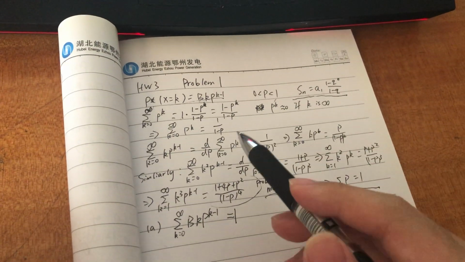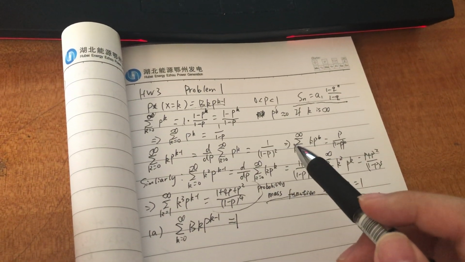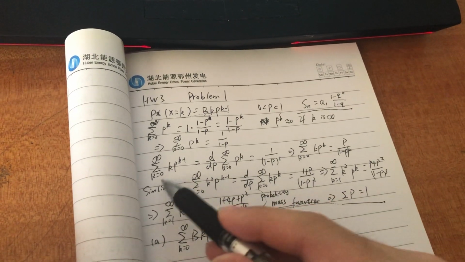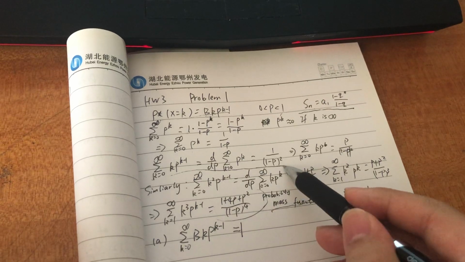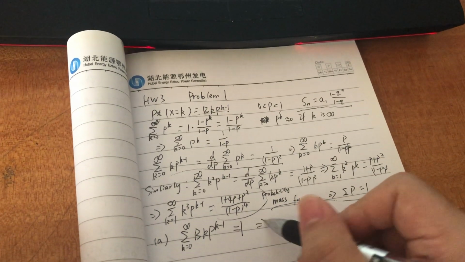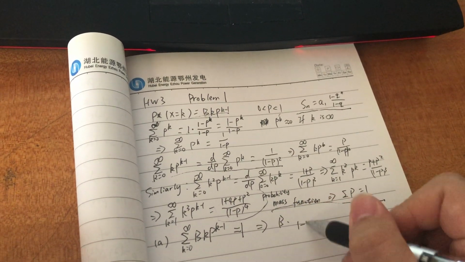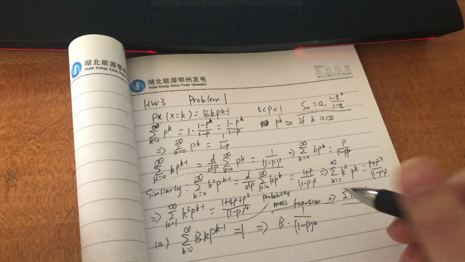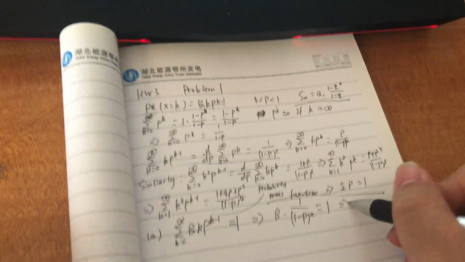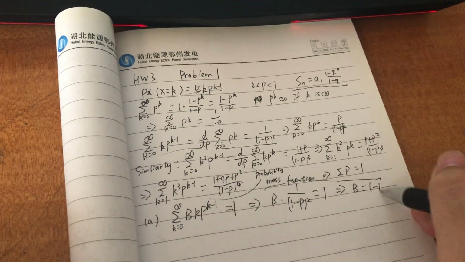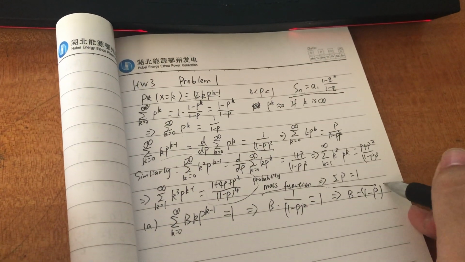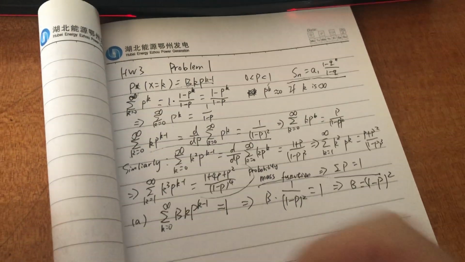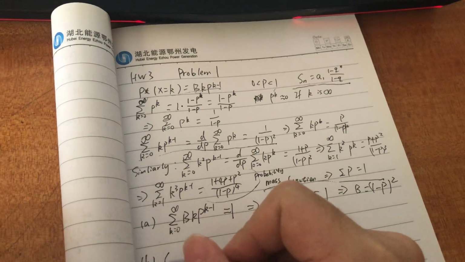And we can use the function here, and we can get b times 1 over (1 minus p)^2 equal to 1, and we get b equal to (1 minus p)^2. That's the first question.